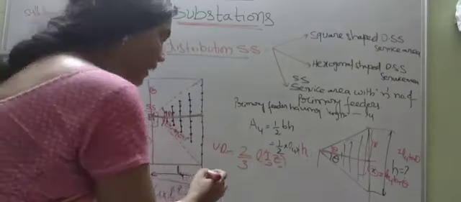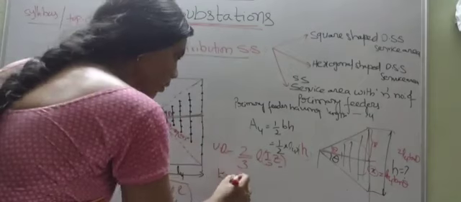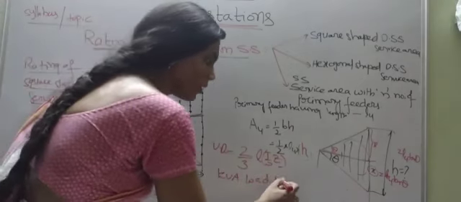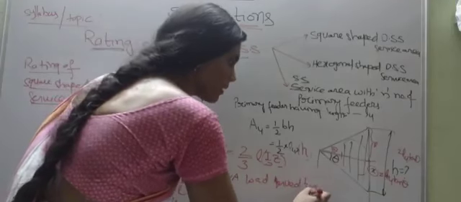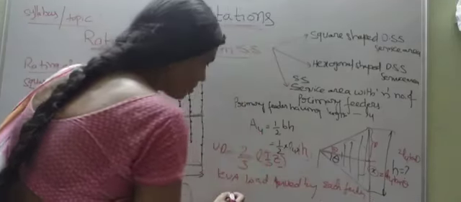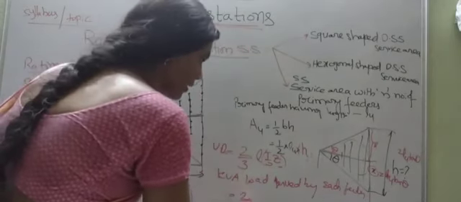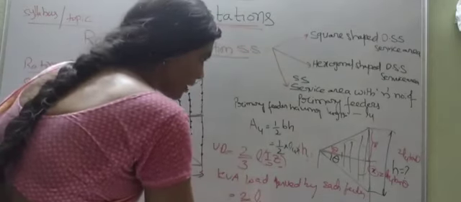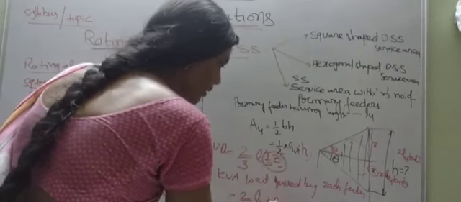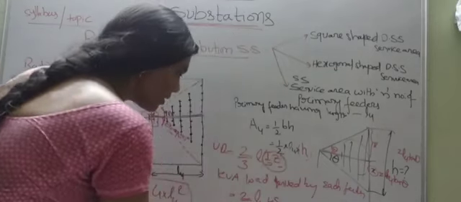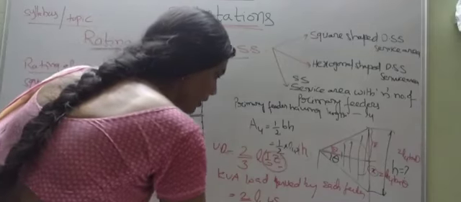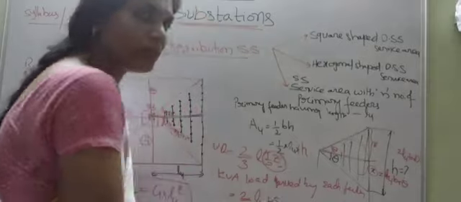Now the KVA load served by each feeder: it is 2/3 L4, and instead of current you can have K into S4. We know S4 is the load, and load is equal to A4 into D, area into density.